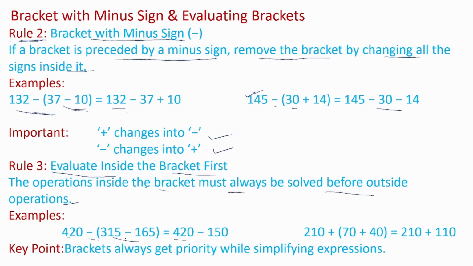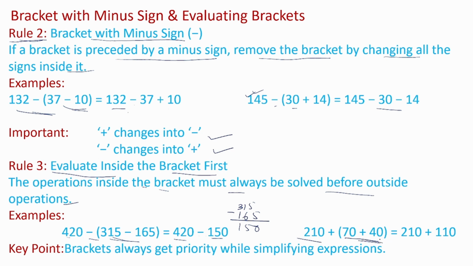That means 315 - 165, which becomes 150. So the expression becomes 420 - 150. Same for the next example, 210 + (70 + 40).